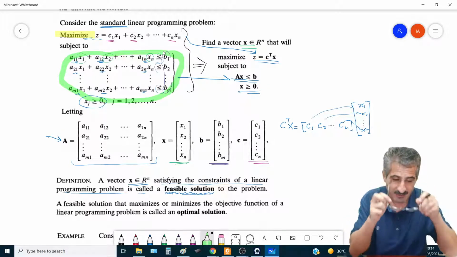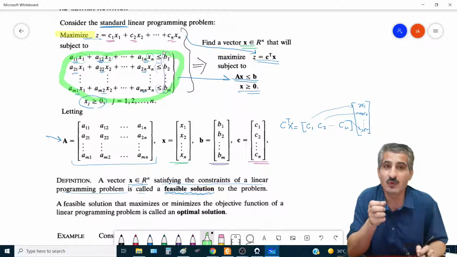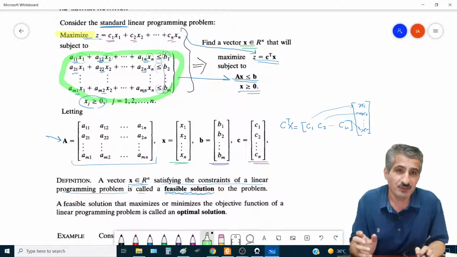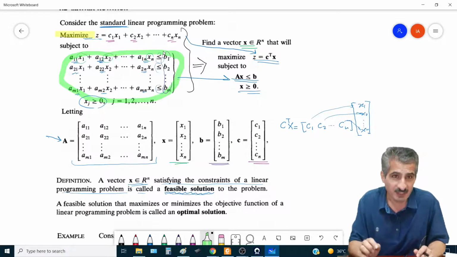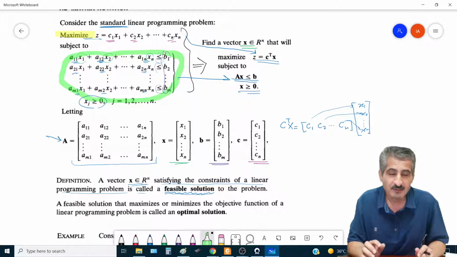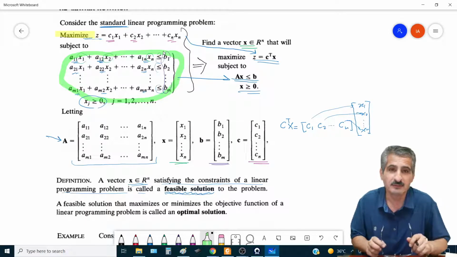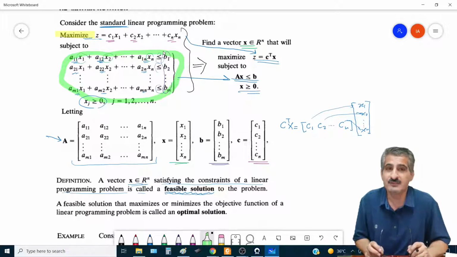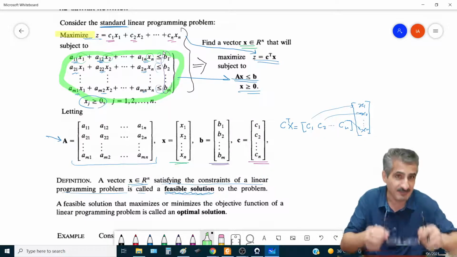The values that maximize z under these constraints are called the optimal solution. Now, there are other values of the x's that satisfy the constraints but don't give a maximum value for z. They are still called solutions, but not optimal.